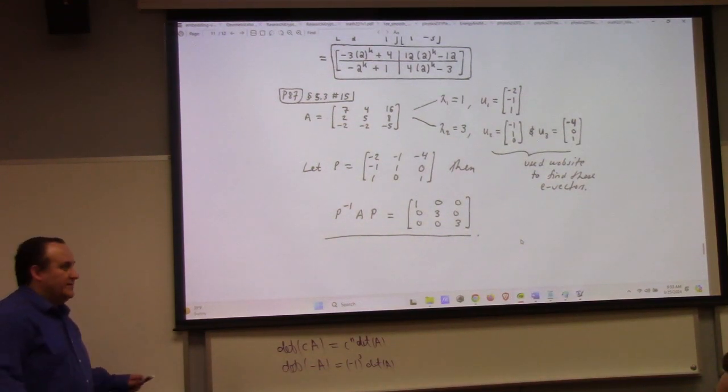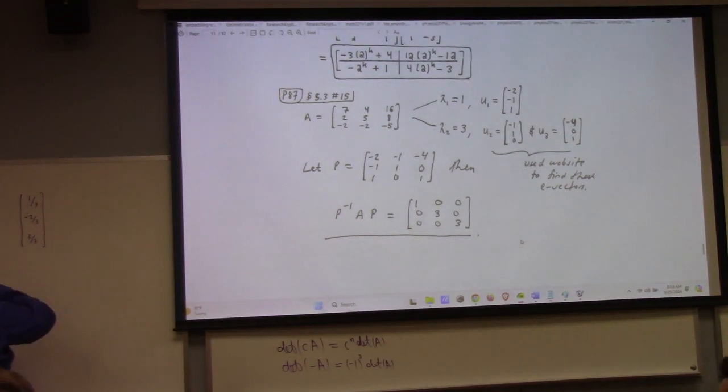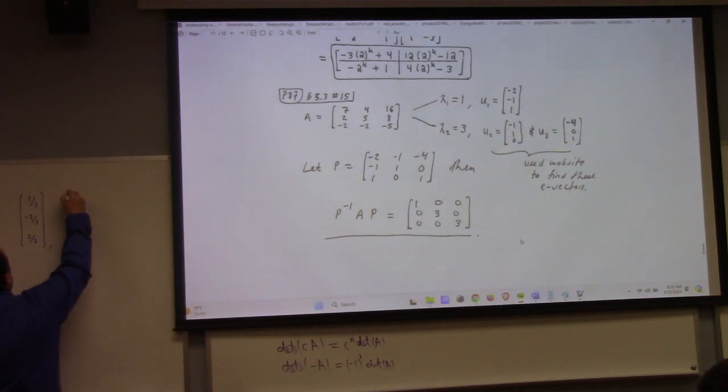Orthogonal, right? So, for instance, if I had 1/3, 2/3, and I had 0, 1/√2, 1/√2.